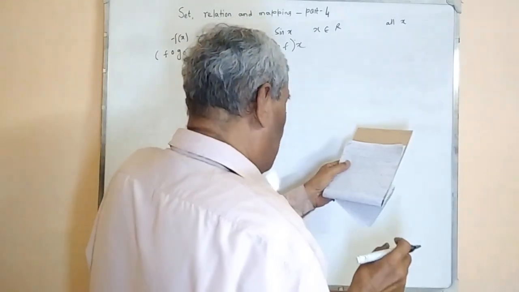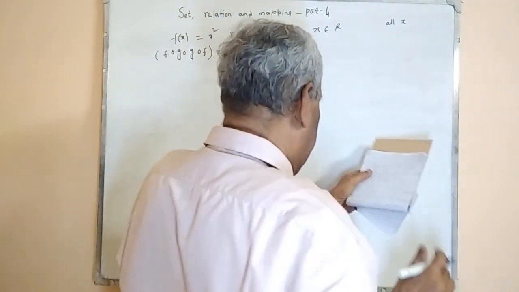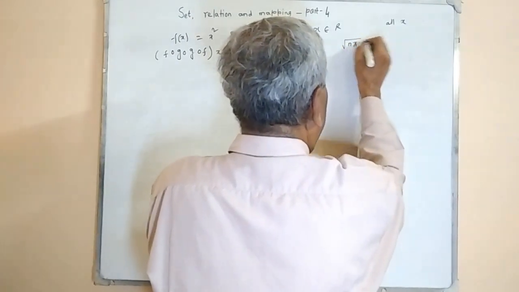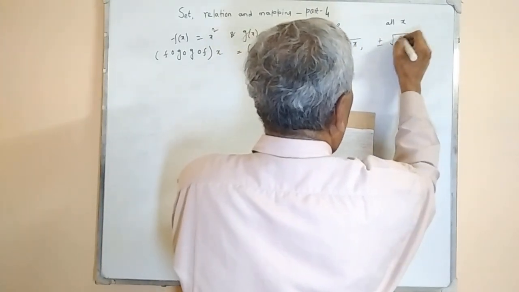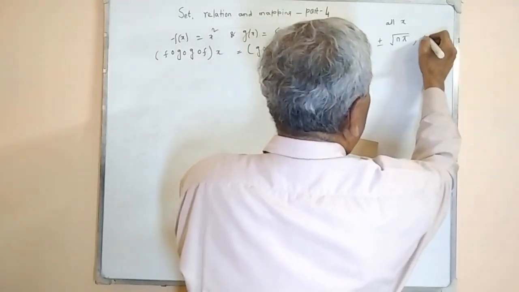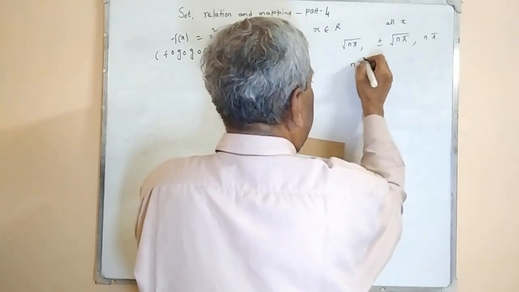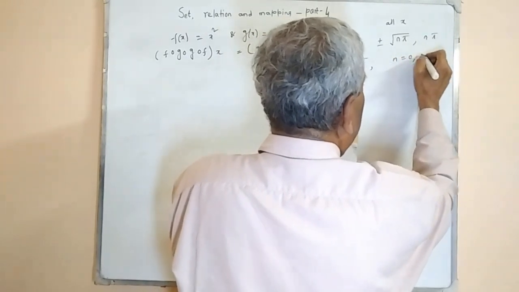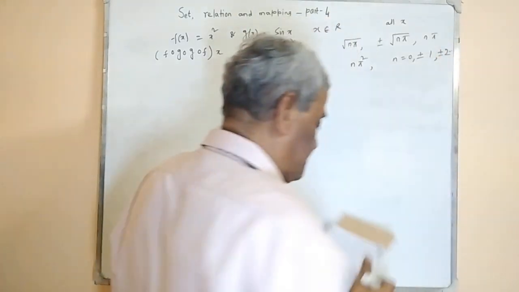We have to find now the set of all x satisfying this result, and the options are root over of n pi, plus minus root over of n pi, and n pi square, in all cases n is equal to 0, plus minus 1, plus minus 2, and so on.